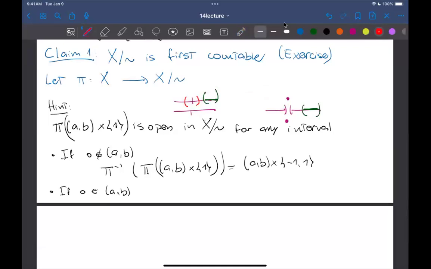So when you project such a thing, you will get this, you will get 0. That's pi. And now we want to compute the inverse of pi of (a, b) cross 1.